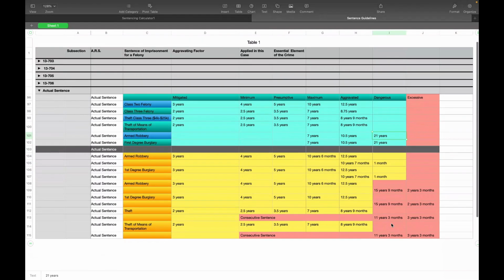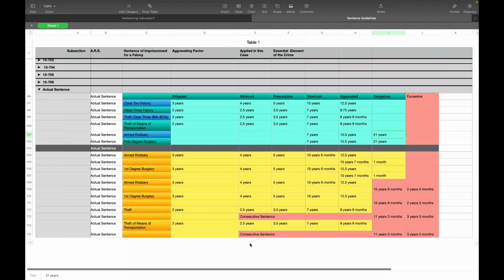So, to put a better example demonstrating the theft, let's assume that in this case, the court found two aggravating factors, which was the presence of an accomplice and that the victims were 65 years and older.